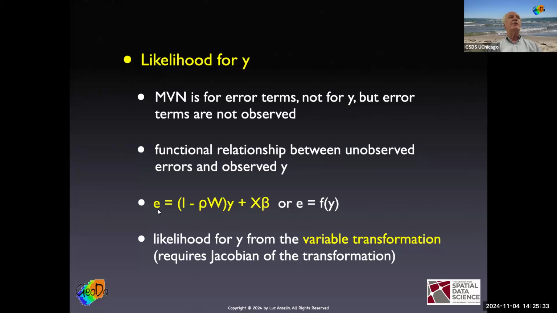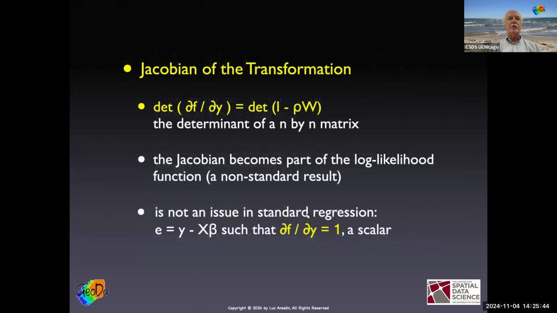Given the distribution for E, what is the distribution for Y, taking into account the fact that they're functionally related? And that is where the Jacobian comes in. The Jacobian is the determinant of the partial derivative of the function with respect to Y.